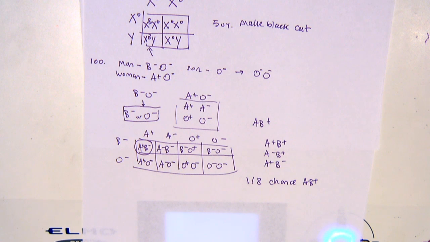And that causes issues. For whatever reason, when you have XP, you cannot fix those. Okay? Yes, I think so. I'm not 100% sure on the details of Fragile X.